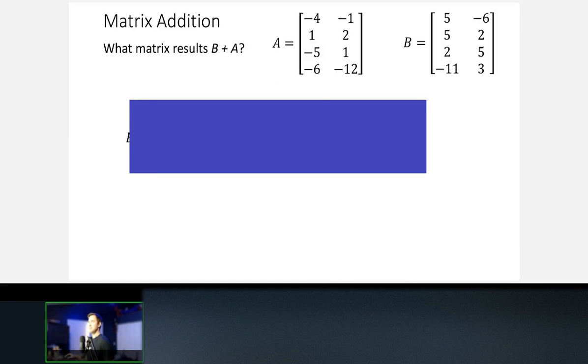All right, matrix addition. This looks like a freebie, right? How do you add matrices? Yeah, straight across. You just add their respective elements, right?